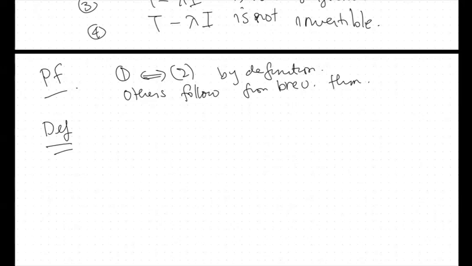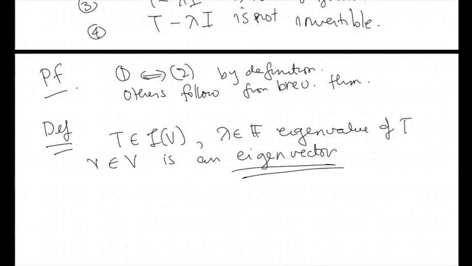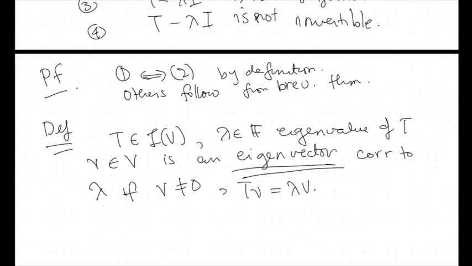Okay, we will define the vector. We have T here, and we have lambda in F, an eigenvalue of T. Your V in the vector space V is an eigenvector corresponding to lambda if V is non-zero and T of V is lambda V. All right, let me state a remark here.